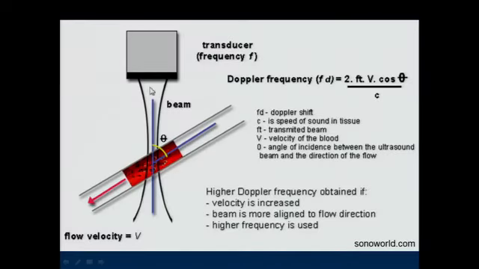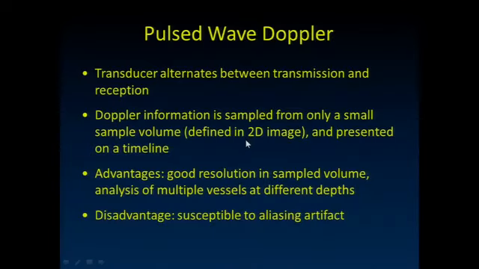All right, so here's our transducer sampling the flow in that blood vessel there. In pulsed wave Doppler, the transducer alternates between transmission and reception. Doppler information is sampled from only a small sample volume. We typically define that as some subregion on the image. And it's presented overlaid right on top of our grayscale image.